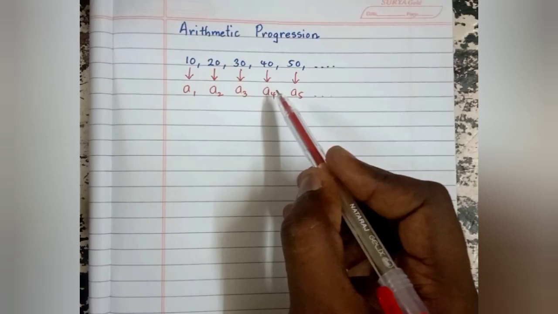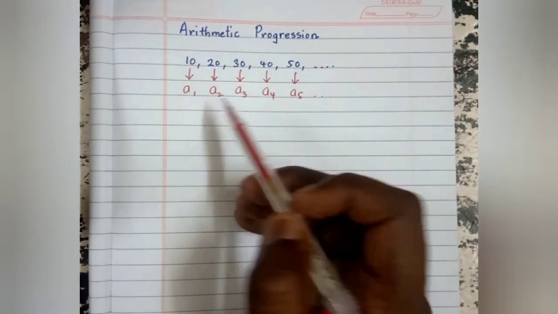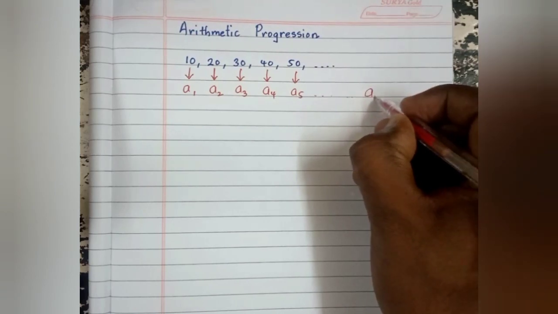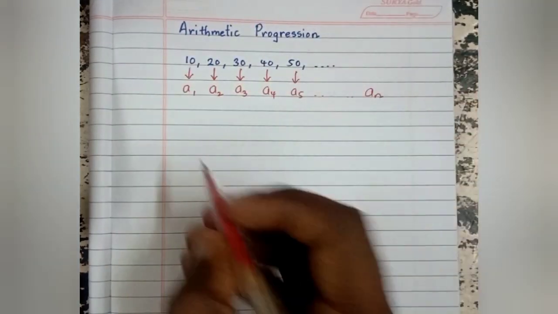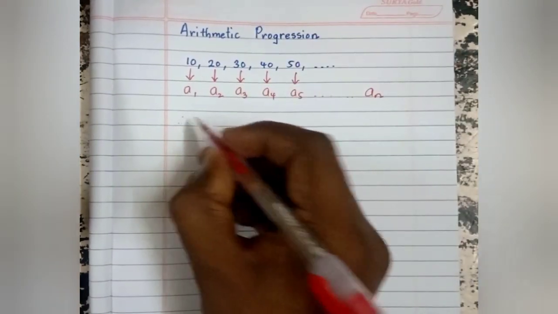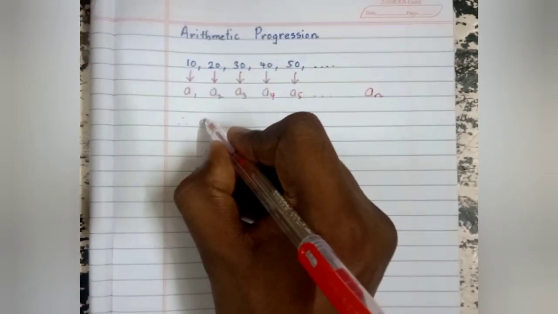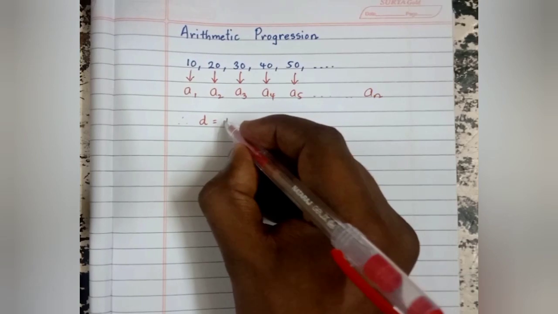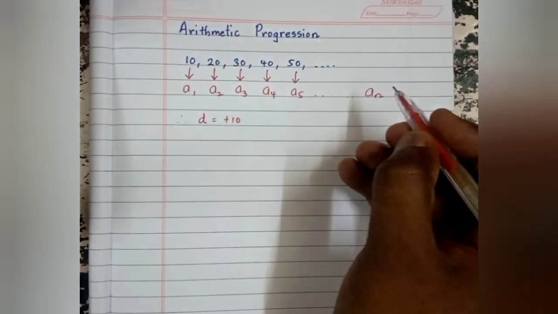A1, A2, A3, A4, A5 and nth term by An. N can be any number. Now the fixed number, otherwise the common difference here is 10.